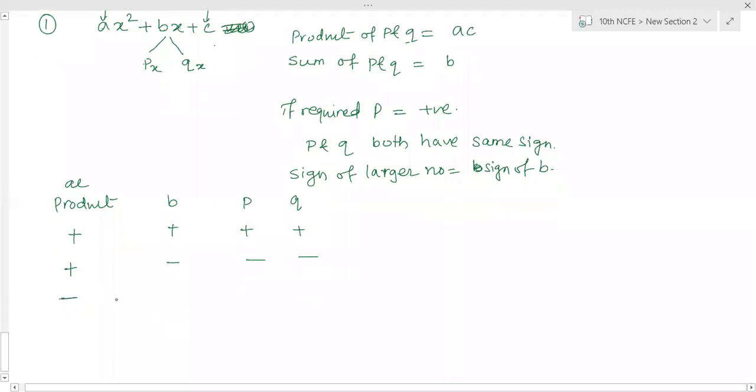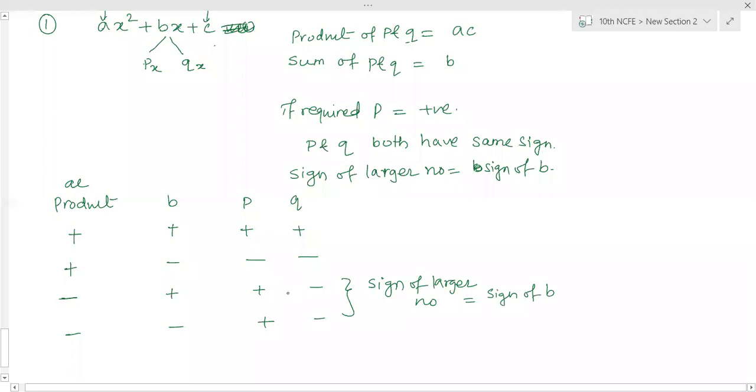Now product is negative and b is positive. Then one of the numbers is positive and the second one should be negative, because then only you will get a negative product. Plus into minus is minus. If b is negative, then also one is positive, one is negative. Here we have to take care that the sign of the larger number is equal to the sign of b.